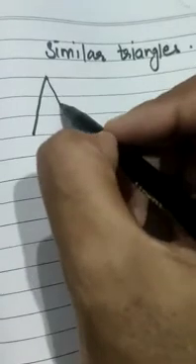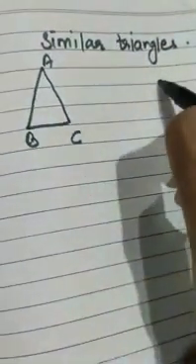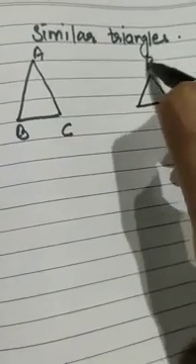Now we will discuss similar triangles. Now look, two triangles are said to be similar. Like here you have given triangle ABC and triangle PQR.